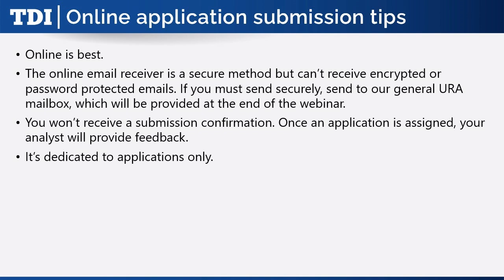So, if you must send securely, send to our general mailbox instead. It does not provide acknowledgement of receipt. However, once an application is assigned, your analyst will provide feedback to you. It is also dedicated to applications only, so please direct any inquiries to our general email box instead.